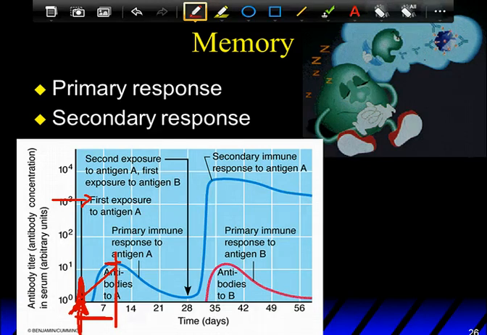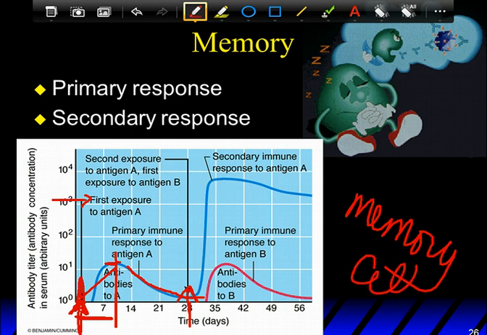And over time, months and years, your immune response declines, it goes down. And some time down the way, maybe a year or 3 years or 5 years, you come in contact with that exact same antigen again. But look what happens now. Remember those memory cells?